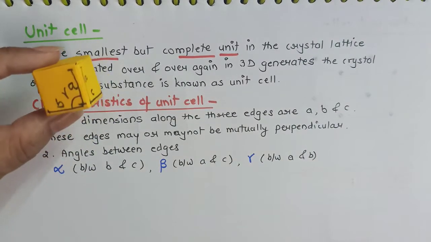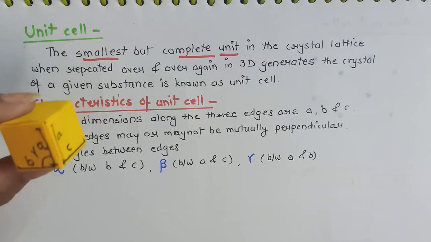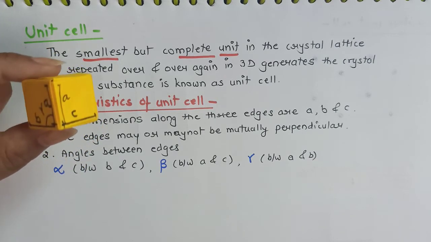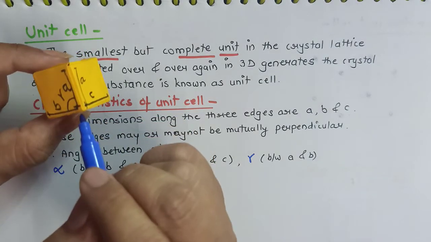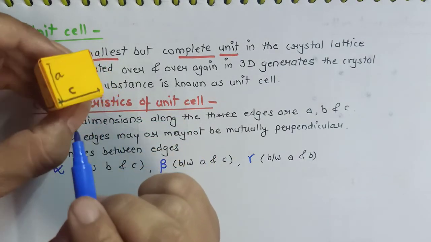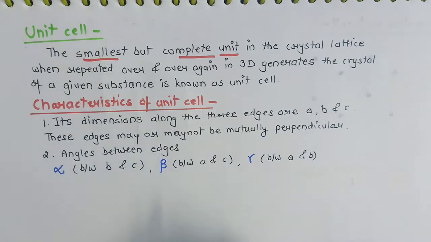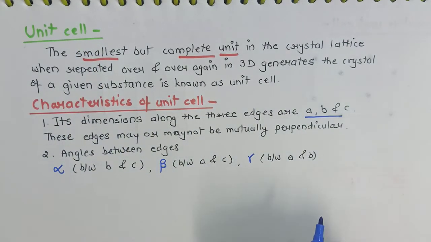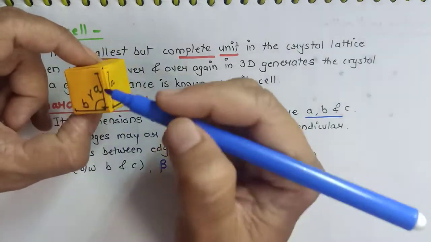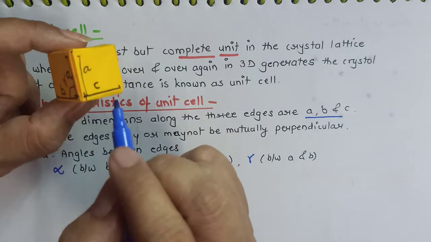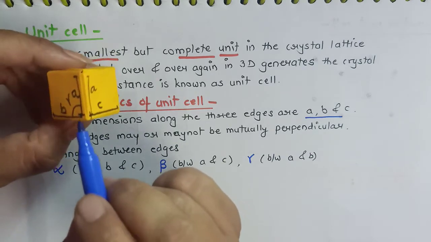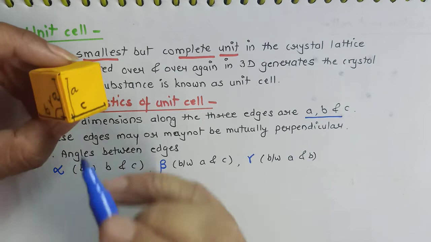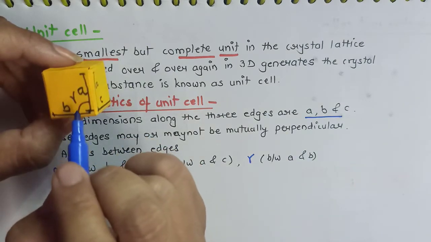Now this unit cell has particular characteristics. It has 3 edges, A, B and C. So the dimensions are along the 3 edges A, B and C. Check it once again, A, B and C. Now there are certain angles between these edges. The angle between A and B is called gamma.